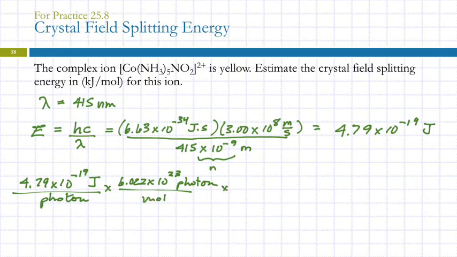And then we want this in kilojoules, so 1 kilojoule is 1 times 10 to the third joules. That gives 287 kilojoules per mole.